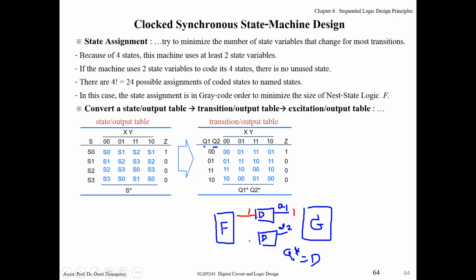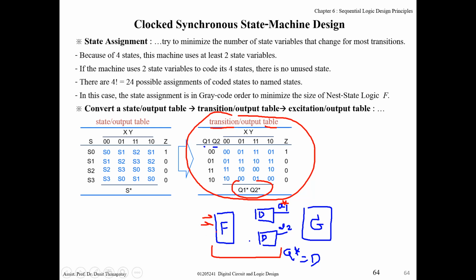And this transition output table, for the transition table, this information is Q star. That means it shows the relationship between the output Q when the clock ticks, or Q star, and the input of F. Input of F is X, Y, and feedback from Q1, Q2.